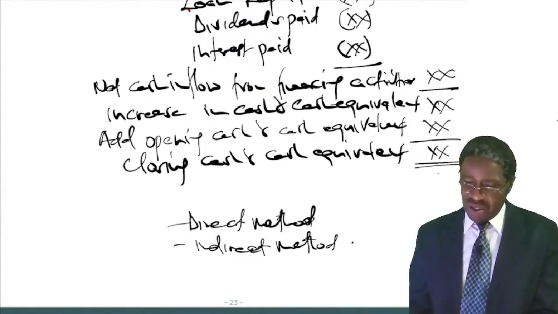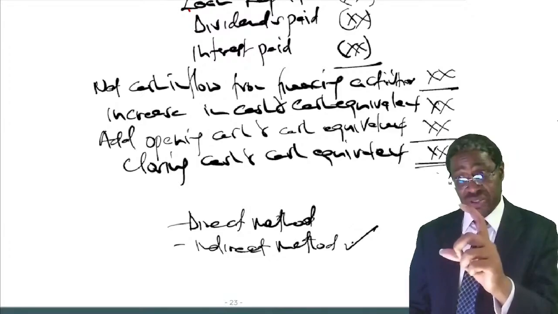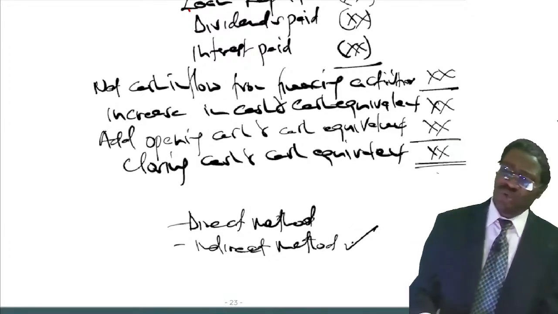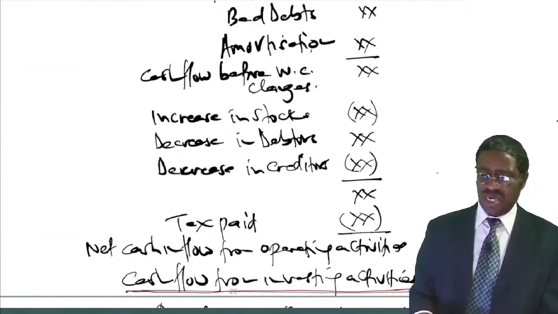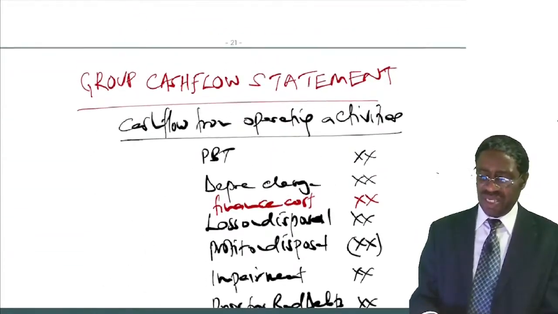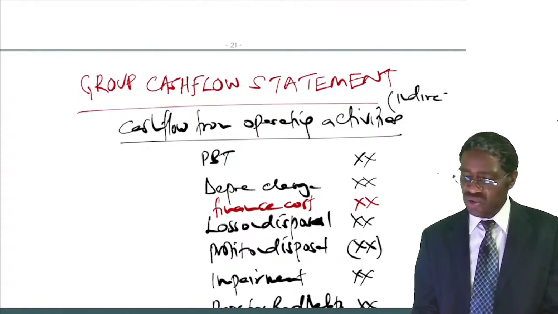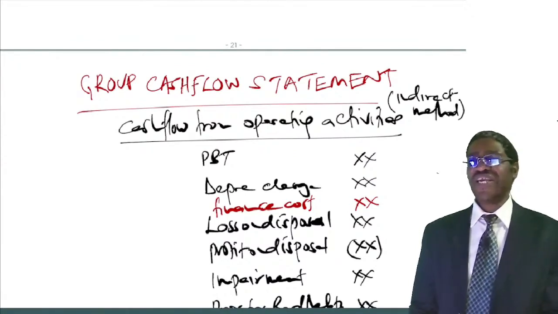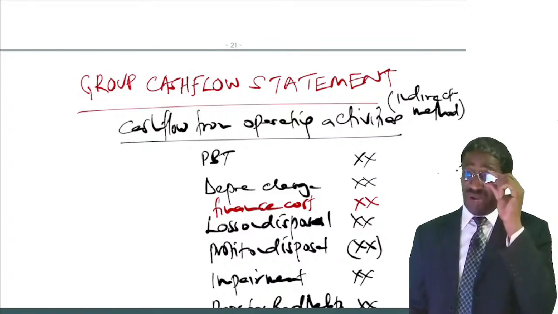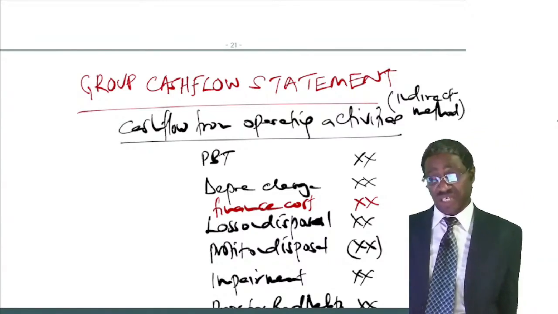But for now, we have used the method called the indirect method. So maybe what you could do is go back to the format at the start and, in brackets somewhere there, indicate indirect method, just to remind you that this is the method we are calling the indirect method.